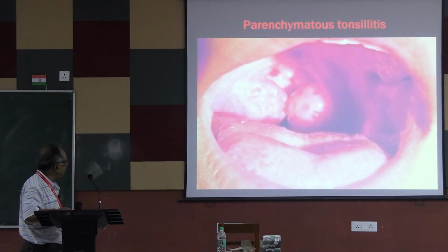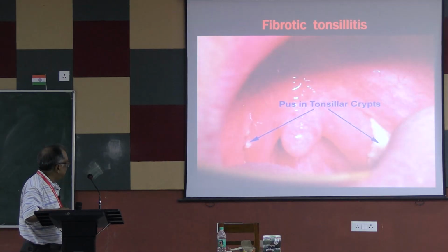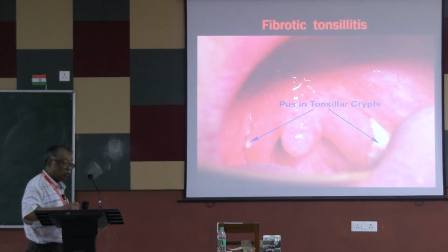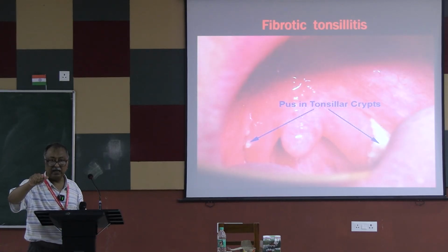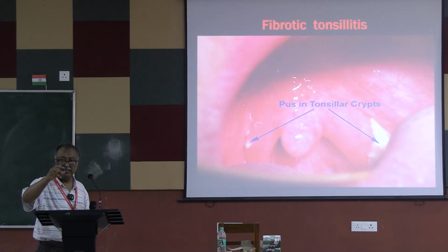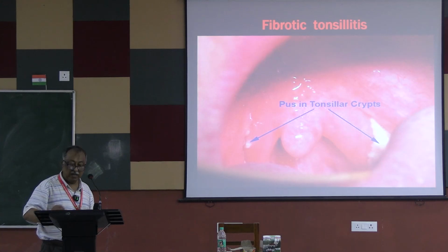This is the parenchymatous tonsillitis. You see, the tonsil is hugely enlarged. This is fibrotic, and the tonsil is not so enlarged. You see, the tonsil is not so enlarged, but there is the pus pointing, or fibrotic tonsil. If you press that tonsil with your tongue depressor, some pus or some cheesy material will come out.